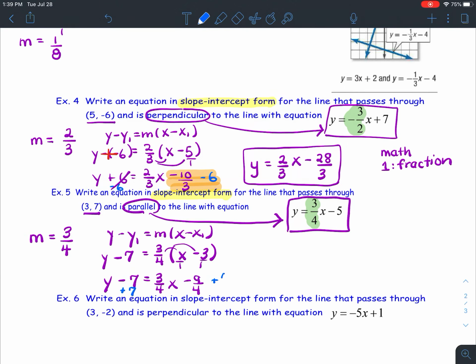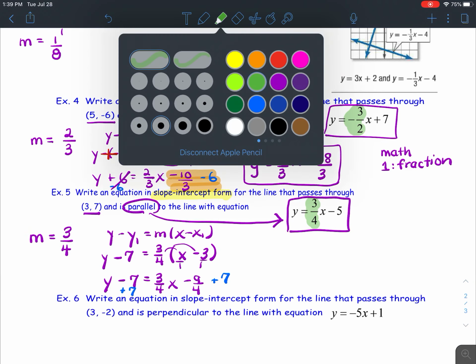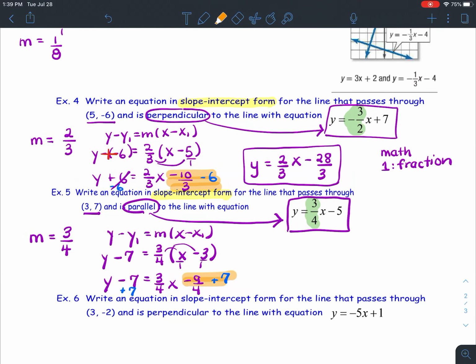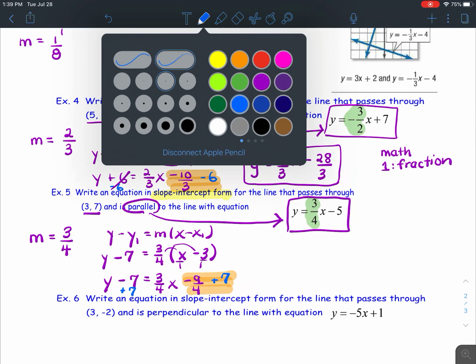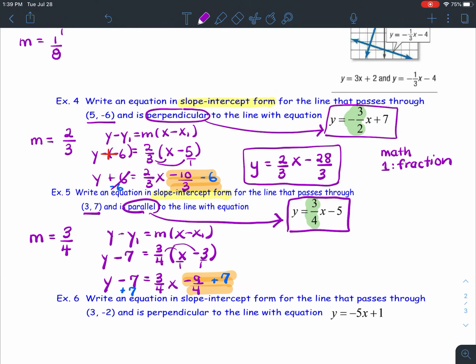Okay. Finally, I'm going to add 7 to both sides. Again, I would encourage you on the calculator to type in -9/4 plus 7. You will see a decimal, and then hit that math fraction button, and it will switch that back into a fraction. Should be the fraction 19/4.